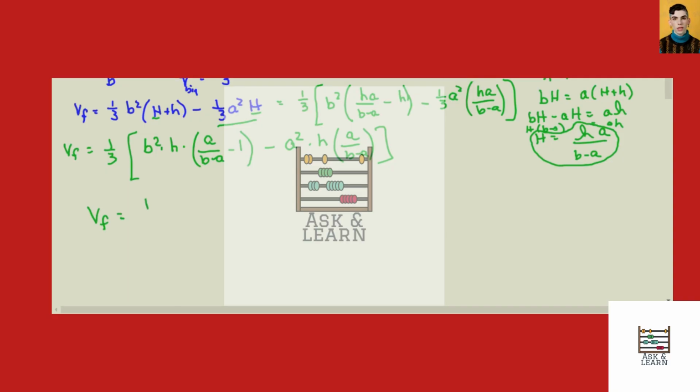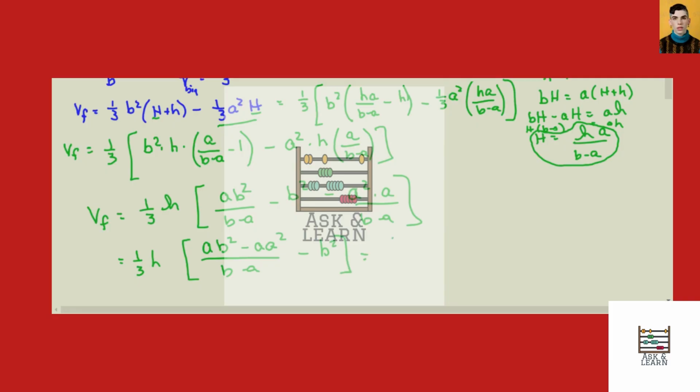We get volume of the frustum is 1/3 of h times A B squared over B minus A, minus B squared, minus A squared A over B minus A. So that's 1/3 h times A times B squared minus A squared over B minus A, minus B squared. We're getting closer, believe it or not.